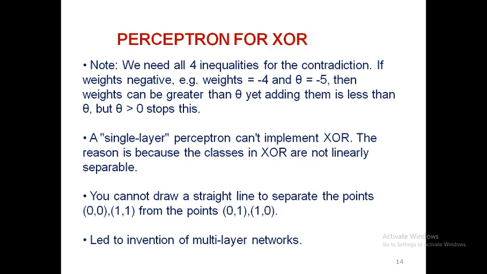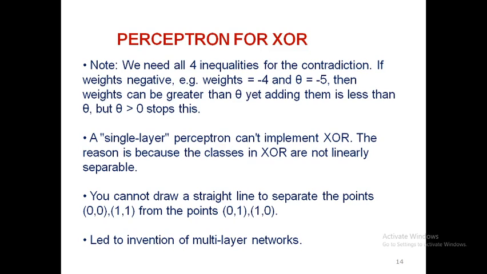In that case, the weights can be greater than theta. Understood? Weights can be greater than theta, yet by adding them, the sum is less than theta. So let us assume the same way. Please note W1 is equal to W2 is equal to minus 4, and theta is equal to minus 5.